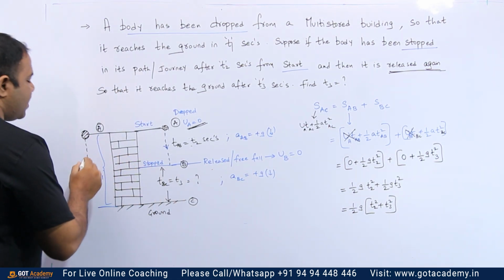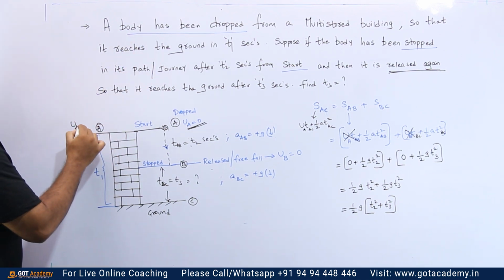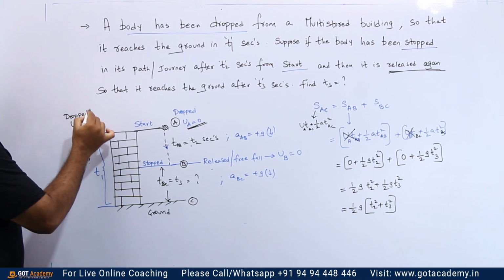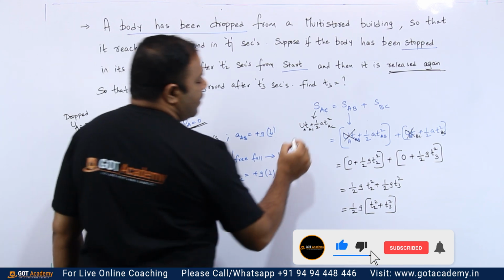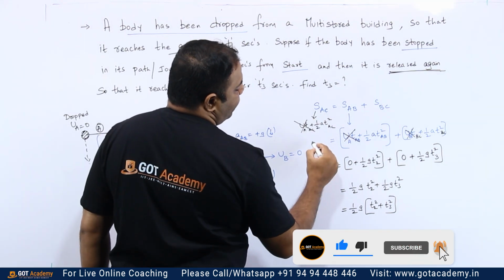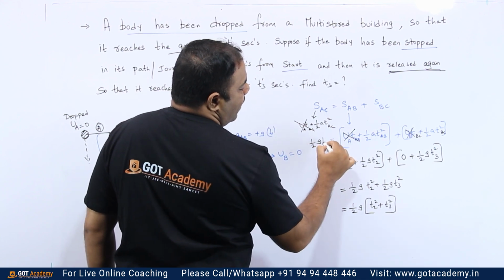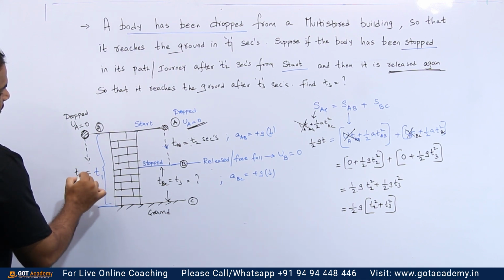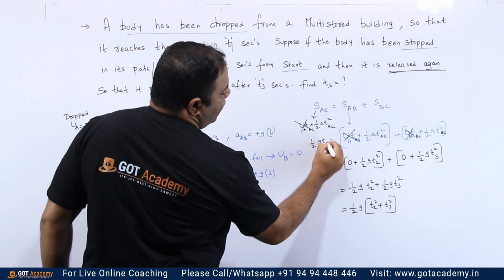But here, as we mentioned earlier, the body has been dropped from point A. So drop means the initial velocity is 0. So the time taken to reach the ground is T1. So this part is 0. The remaining part is half a, and a is nothing but g. The time taken from A to point C is T1, so into T1 square.